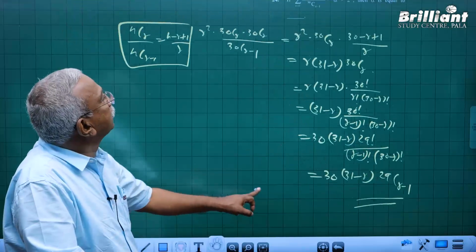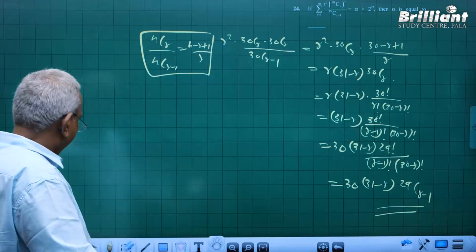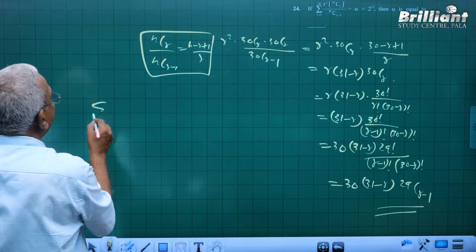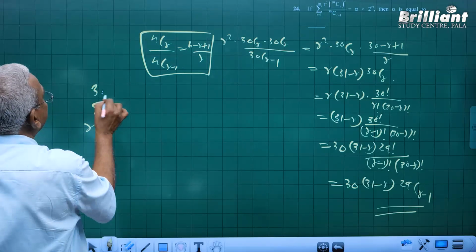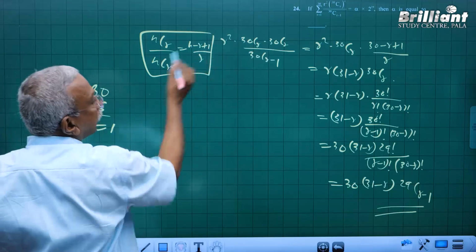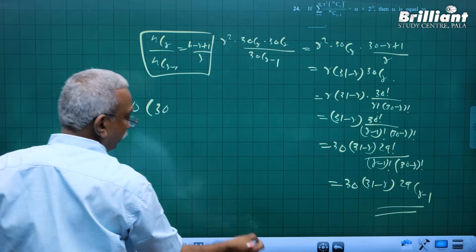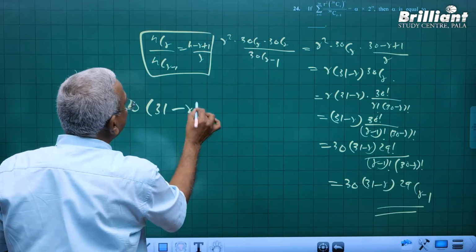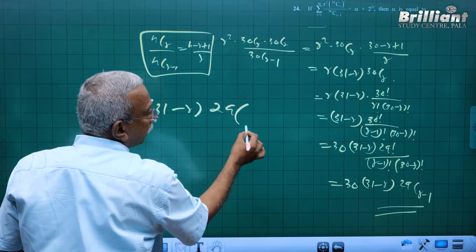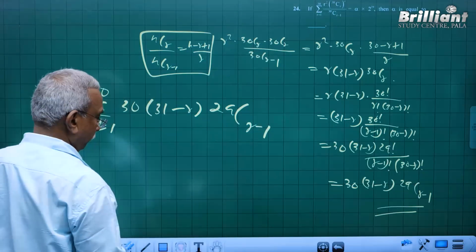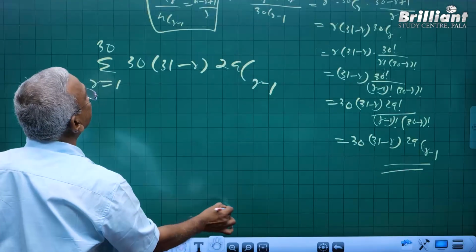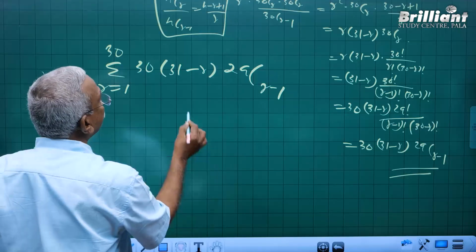So, we can proceed. This expression becomes sigma r is equal to 1 to 30. Instead of this, we can replace it with 30 into 31 minus r into 29C r minus 1. This we can put into two different aspects.